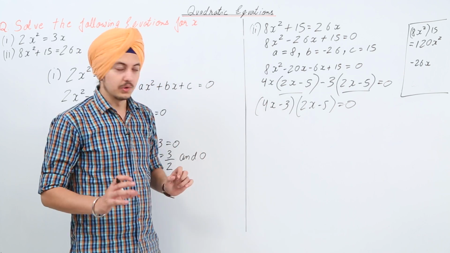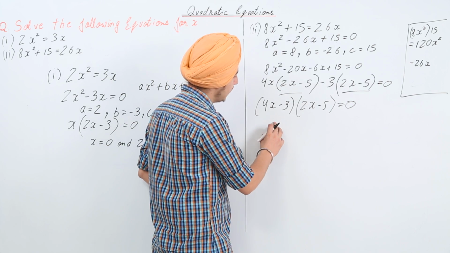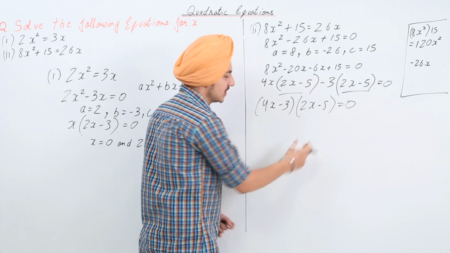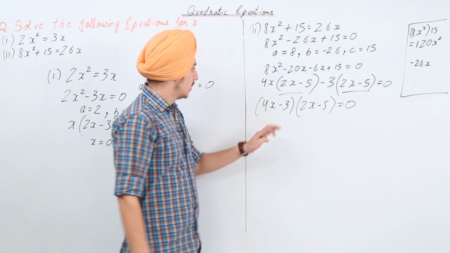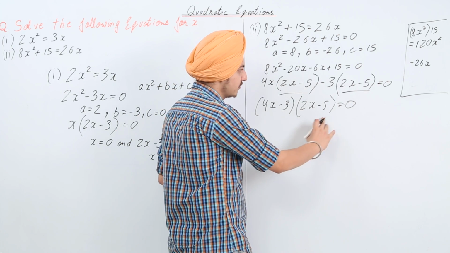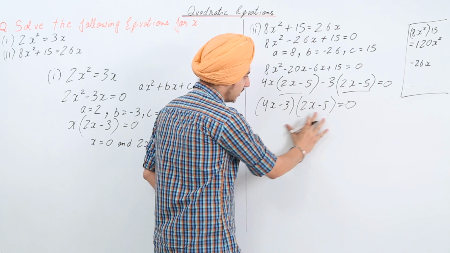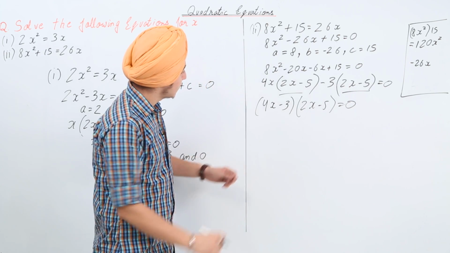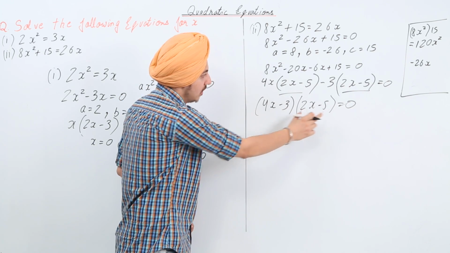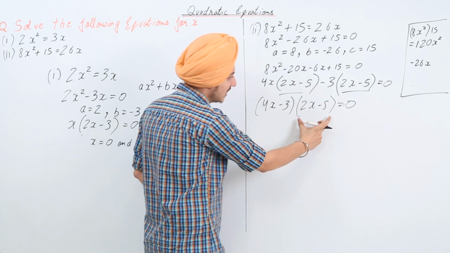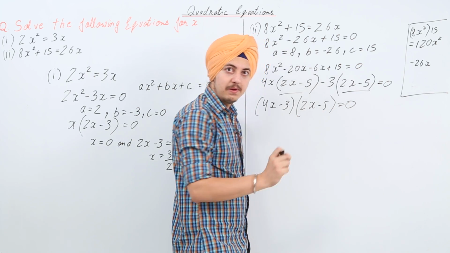So now we have these two factors. We've reached the zero product form. So we have two values of x for which this equation is satisfied. Why? Because if this term comes out to be 0, the product will be 0, and if this term comes out to be 0, the product will still be 0.